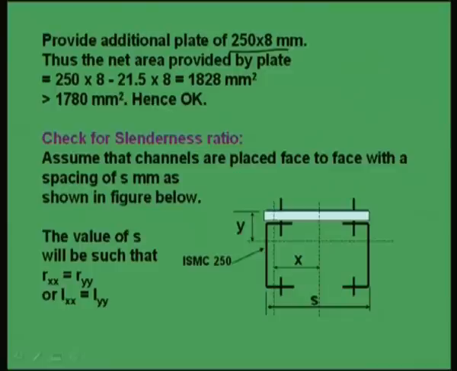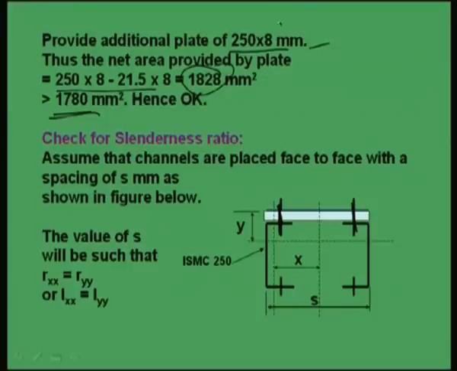Now, if we provide this plate, then the net area can be found, because a rivet joint has to be made, and if we make a rivet here, then 250 into 8 minus 21.5 into 8 will become the net area, which is greater than the required one. So, it is okay.